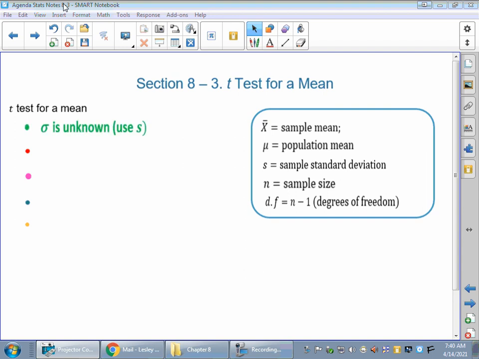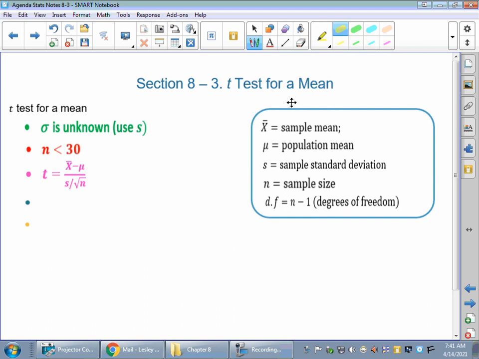Sigma is unknown, so we are going to use S. This seems like a really great place for me to give you a list of data and have you use a TI-84 or some other calculator that will calculate your stats for you, and you find S, you don't know the population standard deviation. Typically, our N is less than 30. Look first for standard deviation, sample or population. Look second at the sample size if in doubt. This is important. I wrote it so small. I wish I had made it larger.